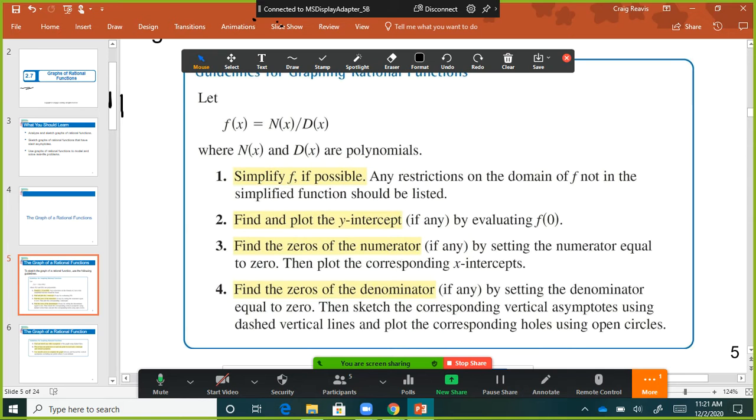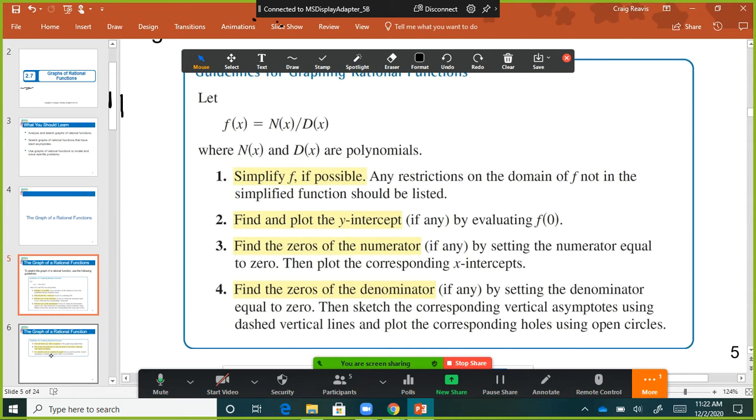We do have to list restrictions on the domain before you cancel everything, so you got to make sure you do that. We're going to find and plot the y-intercept where it crosses the y-axis. We're going to find zeros of the numerator. This would be places where it crosses the x-axis. We're going to find zeros of the denominator. This is going to be places that are breaks in the graph, vertical asymptotes, or corresponding holes.